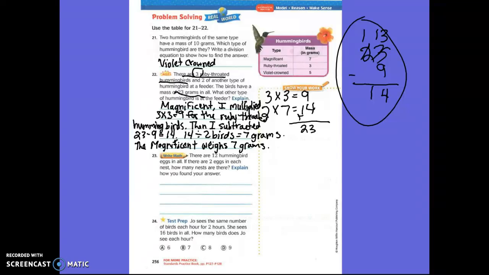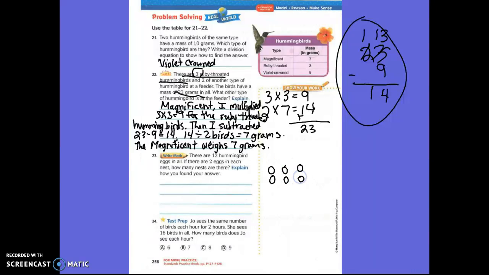Aubrey? You need 12 eggs, hummingbird eggs. Okay, and 2s. 12 hummingbird eggs in 2s.